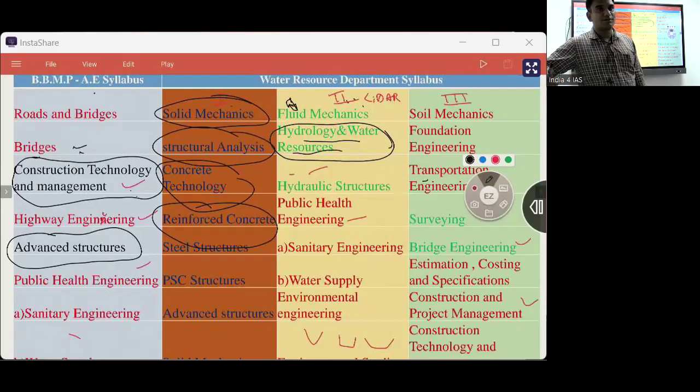What is the least count of theodolite? We do have 20 seconds also, 10 seconds also. So you should check. He cannot give only 20 and 10.